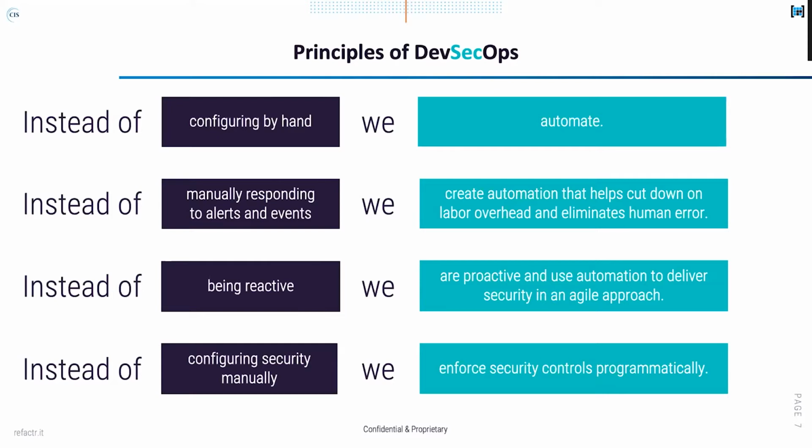The third one is, instead of being reactive, we are proactive and use automation to deliver security in an agile approach. And so security should be a part of the overall process. And so in DevSecOps, security is in between dev and ops.